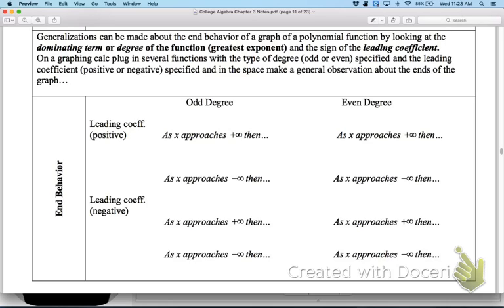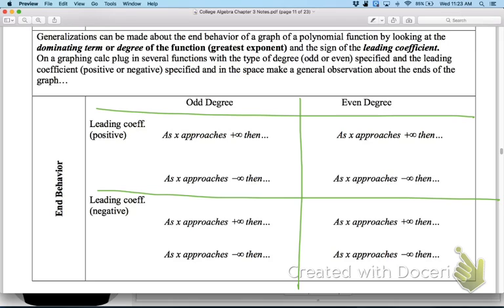So if the leading coefficient is positive and there is an odd degree, this is kind of like a table here. Okay, so if the leading coefficient is positive and the degree is odd, your graph is always going to look like this, down, up.